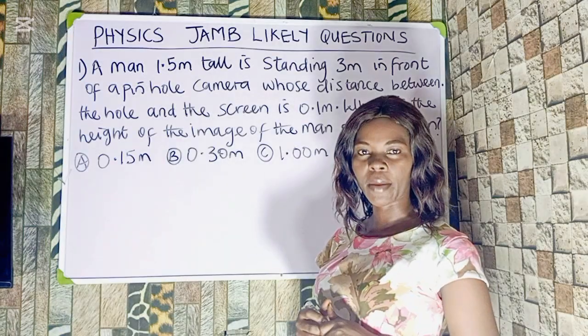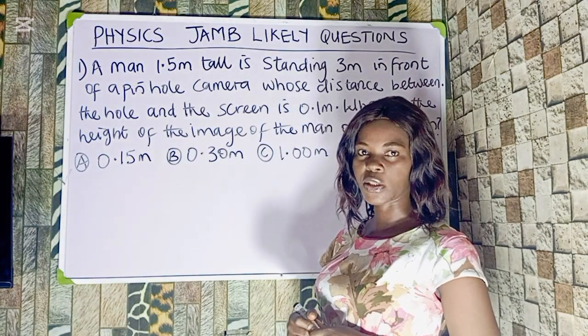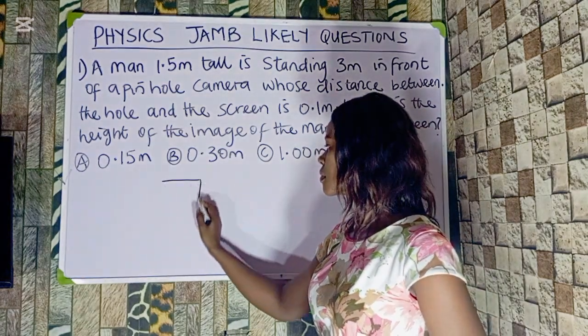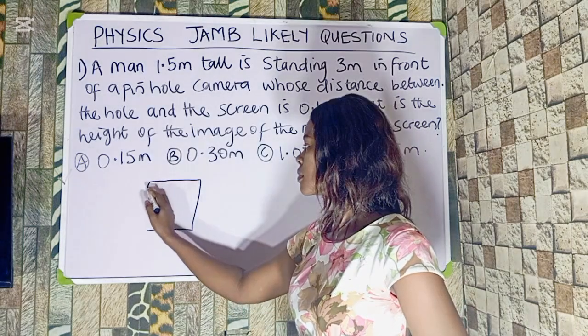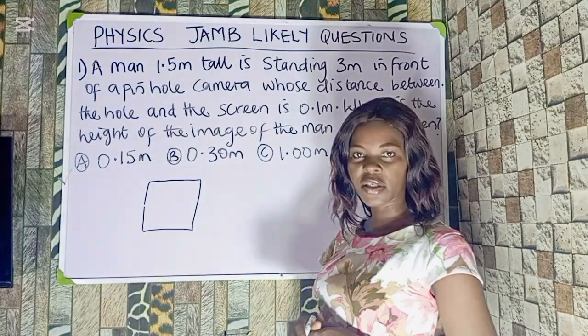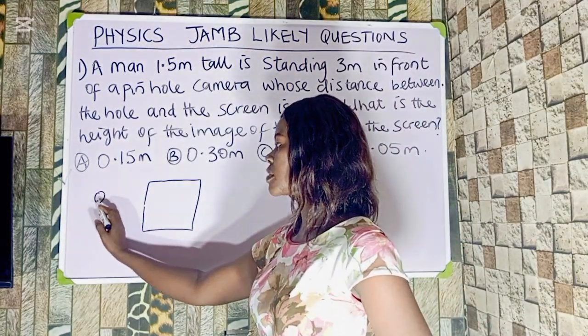If you are given a pinhole camera, you must remember the sketch of a pinhole camera to be able to analyze this question critically. Now this is a pinhole camera and this is the object, which is the man standing in front of it.